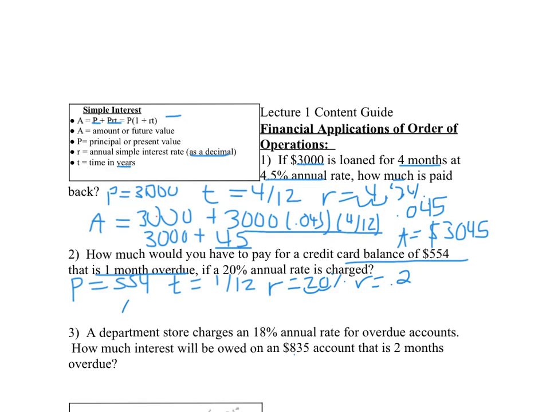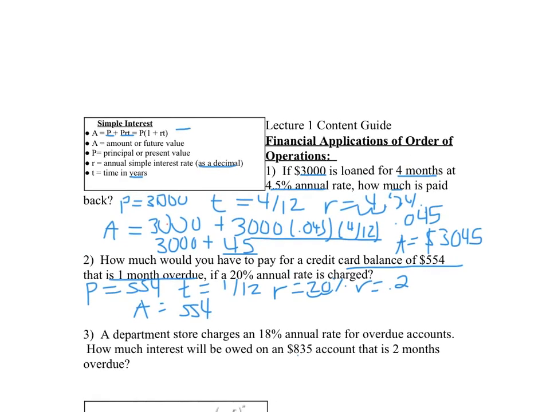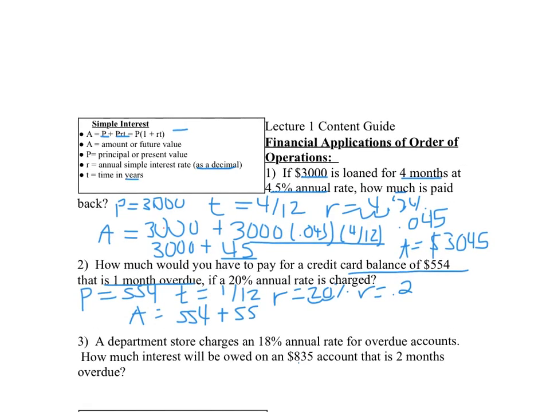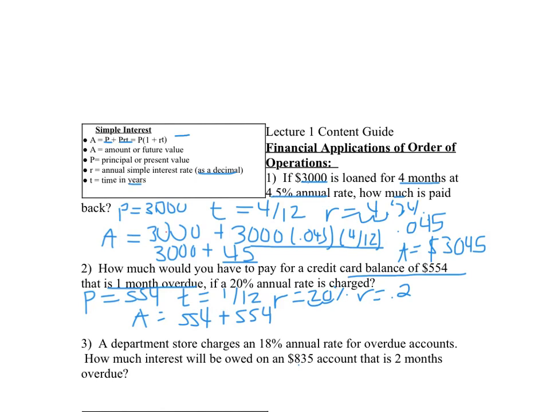So our formula will become 554 plus 554 times R, which is 0.2, times T, which is 1 over 12.